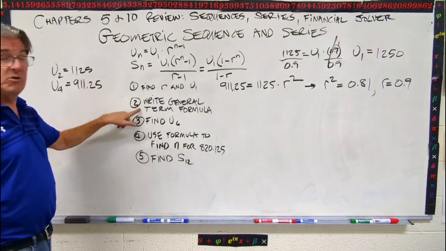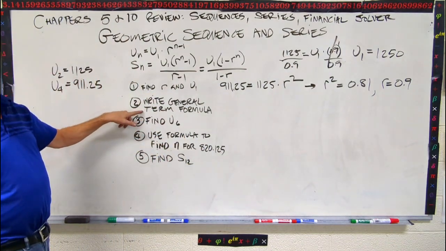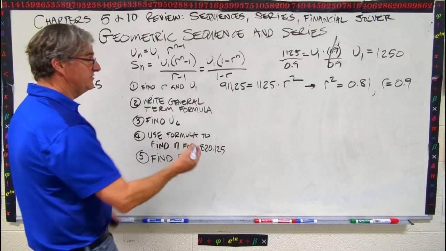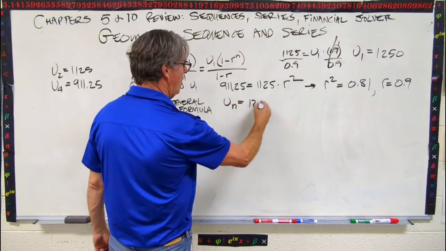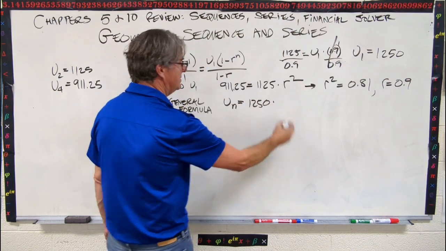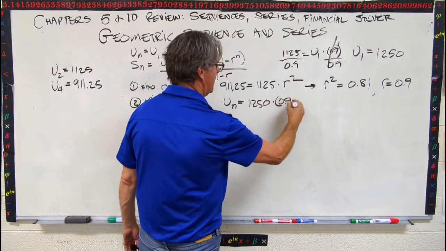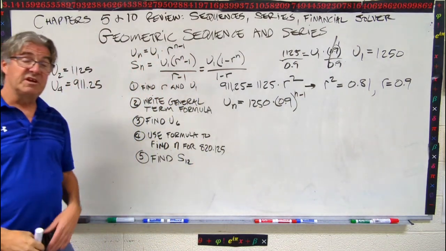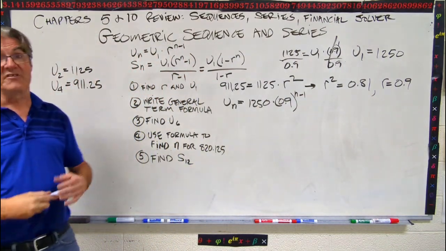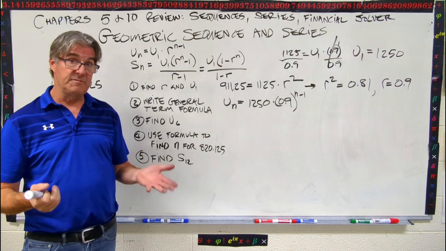So that brings us to question 2, write the general term formula. So all I do is I write Un equals U1 times 0.9 to the n minus 1. Now that's the formula we can use to find any term. That's why it's called the nth term, or the general term formula.